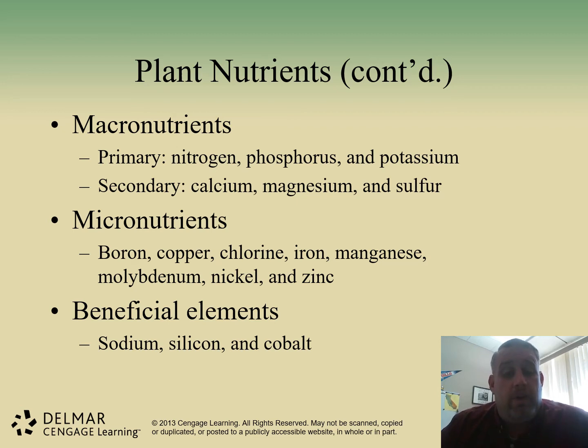Next, we come into micronutrients, and these include boron, copper, chlorine, iron, manganese, molybdenum, nickel, and zinc. Some of these elements are used in such very little concentrations that you would never apply them to the soil.